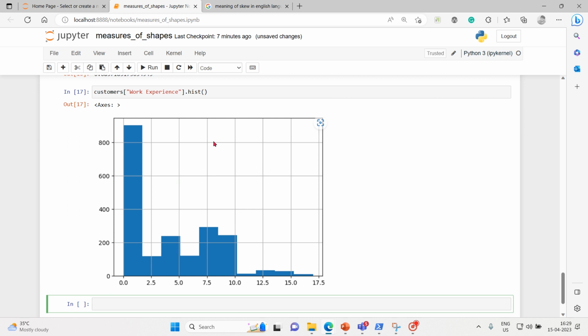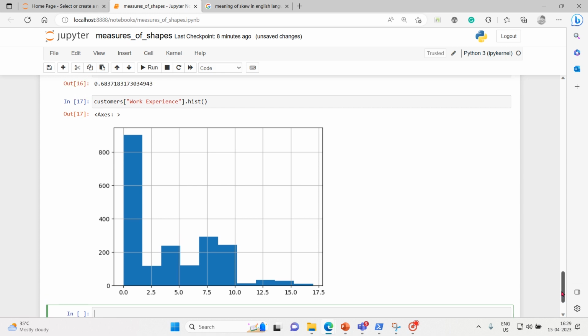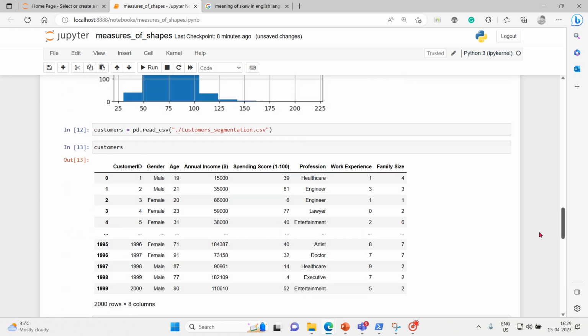So that's the reason I'm calling this the negative side. If the positive side has been distorted, it's called positively skewed.